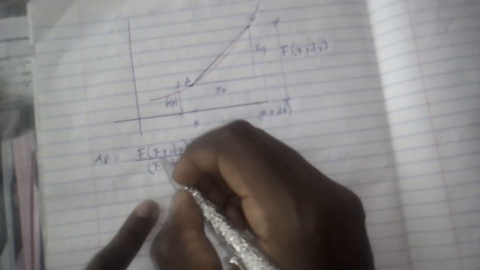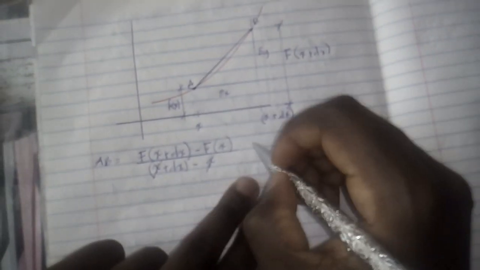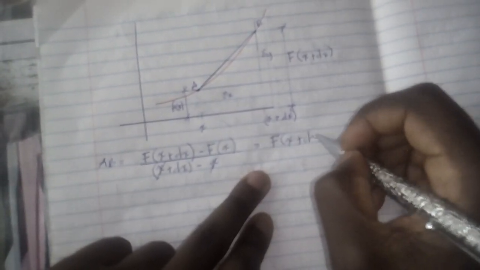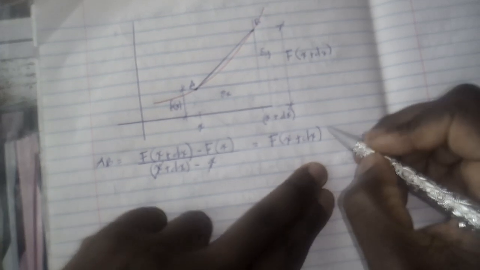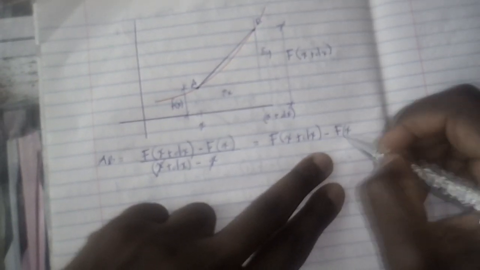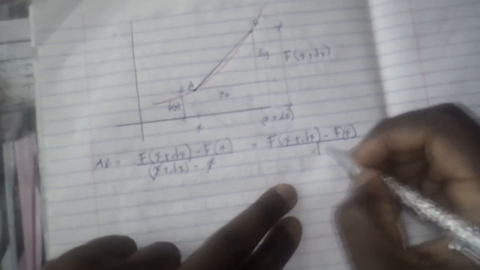So x and x will cancel here, so we are remaining with f of x plus dx minus f of x, all over dx.